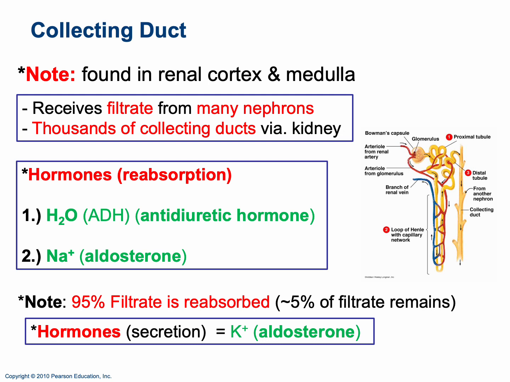The last part of the nephron we're going to take a look at today is the collecting duct. The thing to note about the collecting duct is that it is receiving the filtrate from many, many nephrons. There are thousands of collecting ducts in the kidney, with many nephrons ultimately draining their filtrate into the collecting duct.